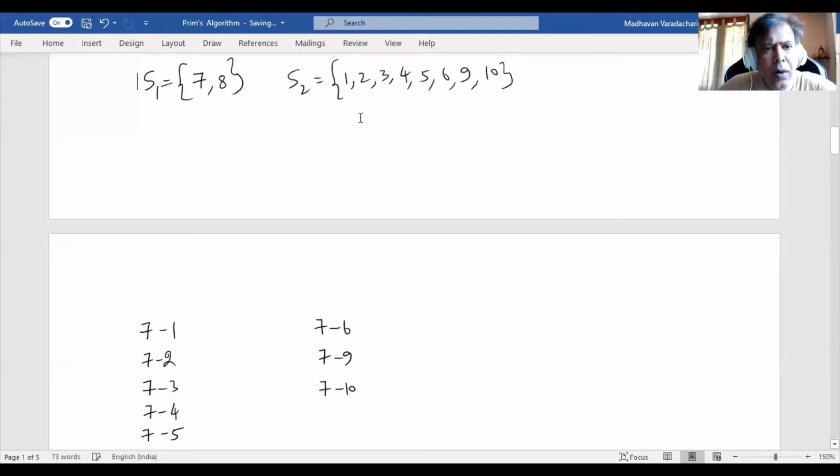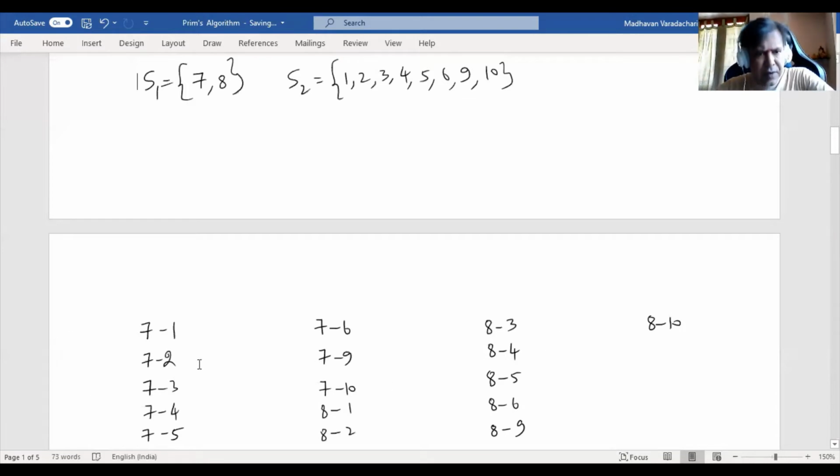So I wrote all possibilities from this element of this set to all the elements of the other set. Then next is 8 to 1, 8 to 2, 8 to 3, 8 to 4, 8 to 5, 8 to 6, 8 to 9, and finally 8 to 10.